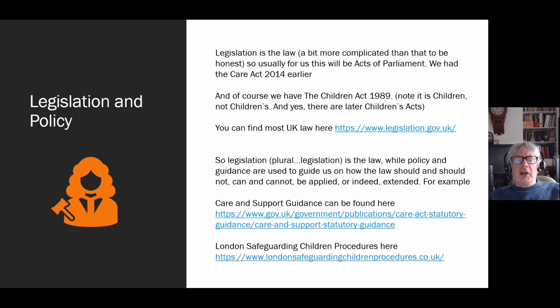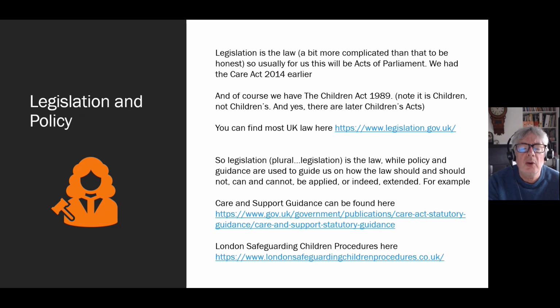But you also need policy and guidance. The law tells us what we should and should not do, what we can and cannot do. The policy and guidance usually either refines or extends the law or tells you what you can do in practice. I've given two examples there: the Care and Support Statutory Guidance from the government, and the London Safeguarding Children Procedures, a pan-London document that most children's services departments in London refer to because, I have to tell you, it's rather voluminous.